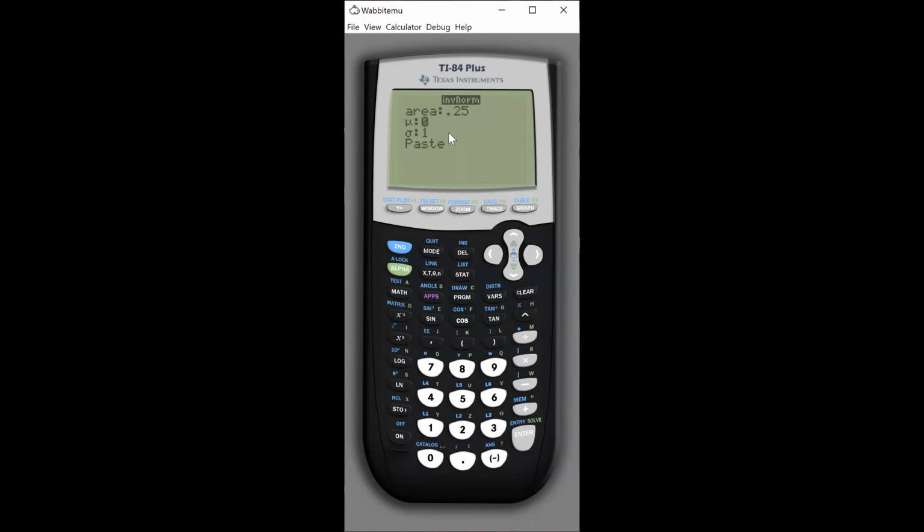Next it asks for the mean, which is 35. Last is sigma, which is 5. So let me go to paste. It's 0.25, which is the area. Then it wants the mean, which is 35, and then sigma, which is 5. Everybody good so far on how to enter that into inverse norm?